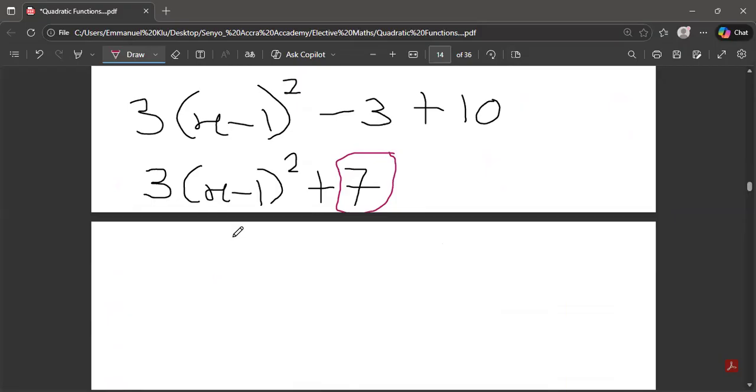But you see that the least value occurs when X is equal to -1.